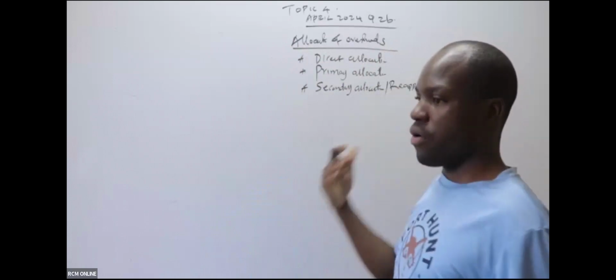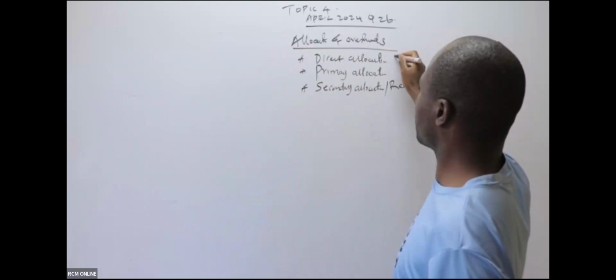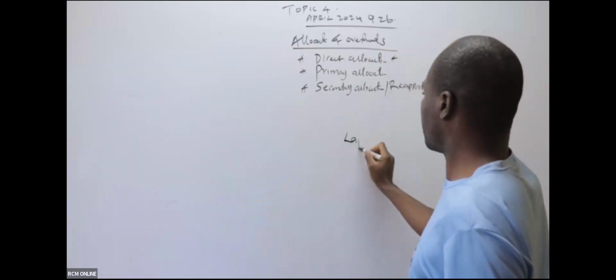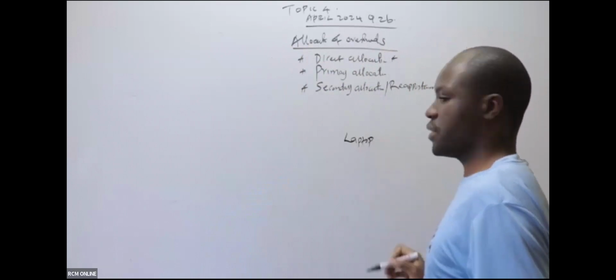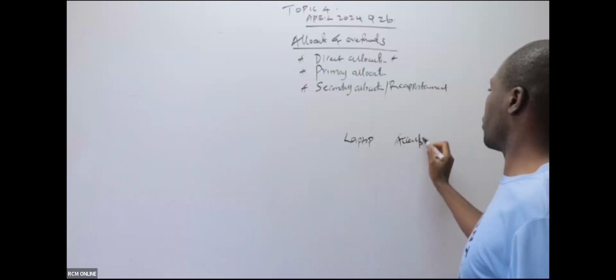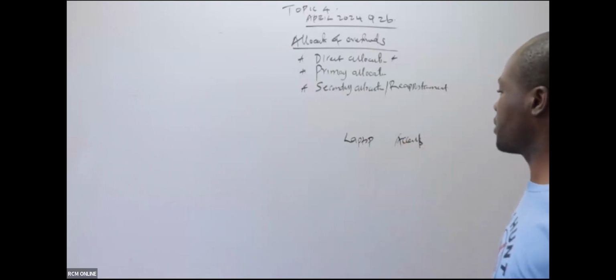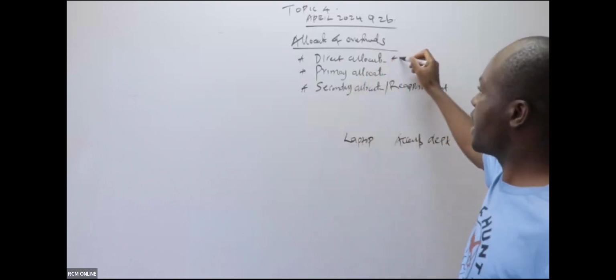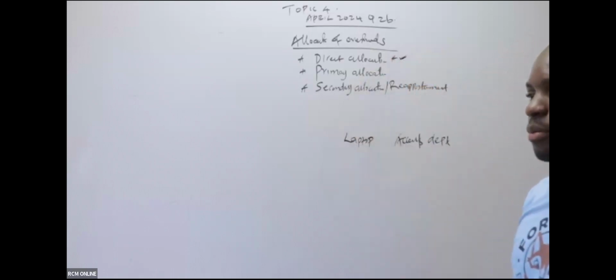So the direct allocation here, we have a laptop purchased to be used in the accounts department, right? That will be allocated directly. We don't need to apportion.